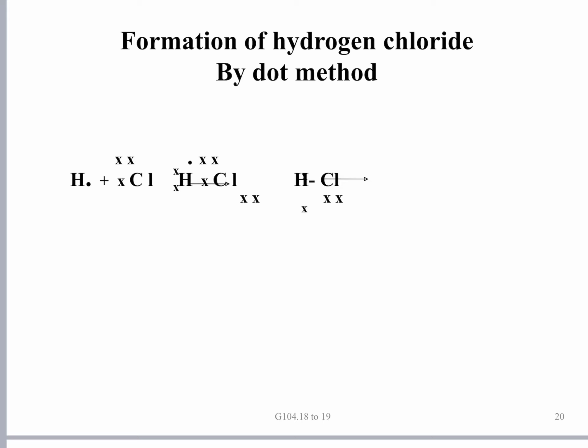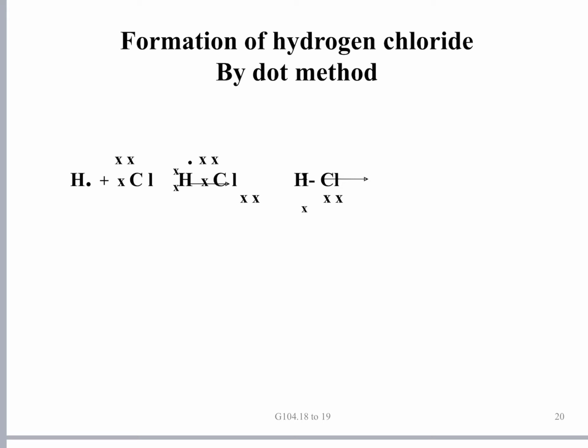So, what happens is, chlorine develops a partial negative charge in the hydrogen chloride molecule, and hydrogen develops a partial positive charge. When the electron is transferred from sodium to chlorine, chlorine develops a full negative charge and sodium develops a full positive charge.